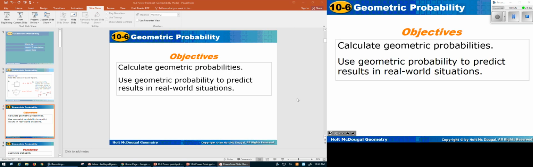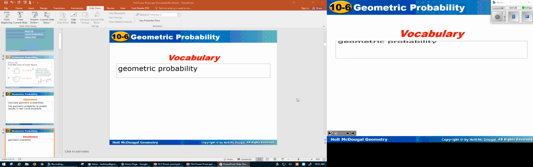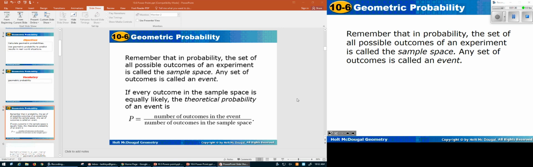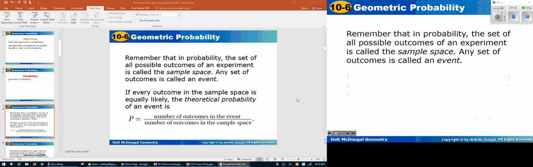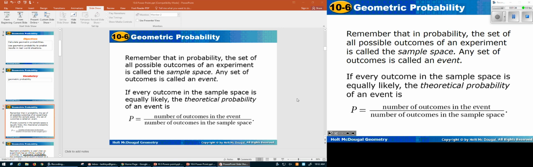Okay, so probability, what you should have learned about probability back in Algebra 1 is that the, yes ma'am, thank you.